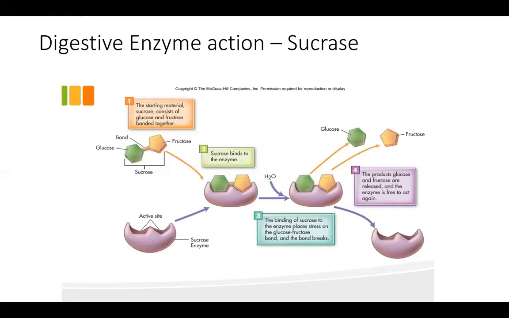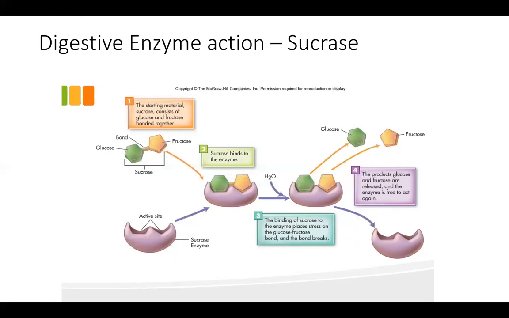Our body can use these sugars efficiently when they are separate. So we have an enzyme called sucrase. And you may notice that sucrase sounds very similar to sucrose. Most enzymes are named for the substrate that they work on and then have ASE at the end.